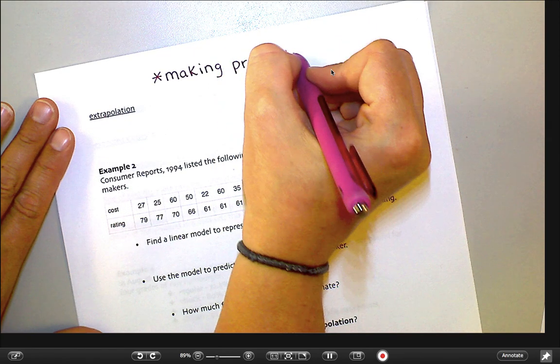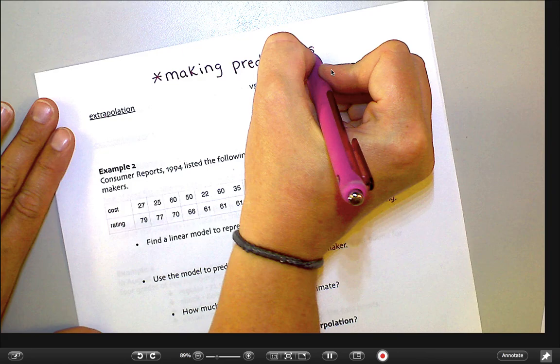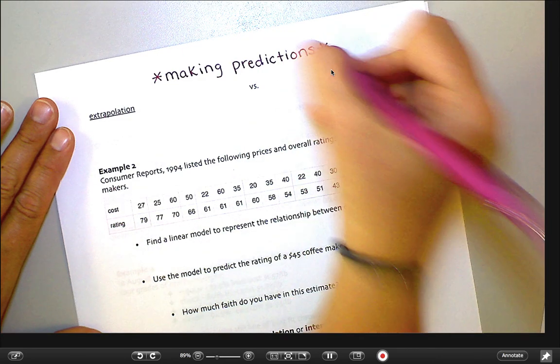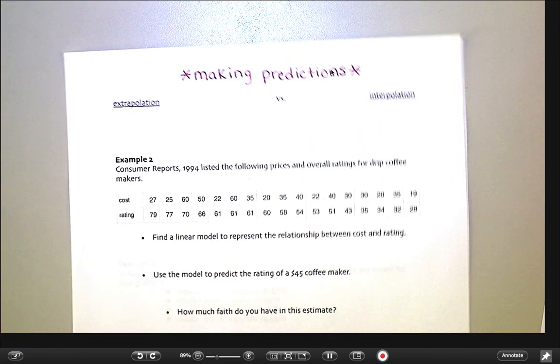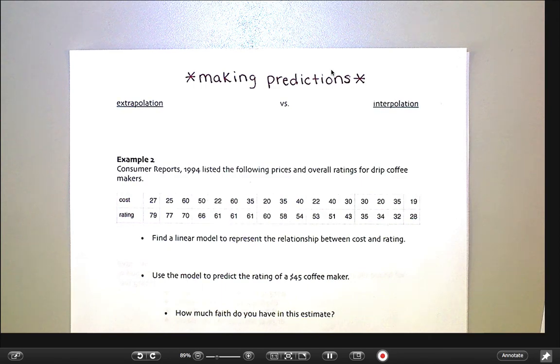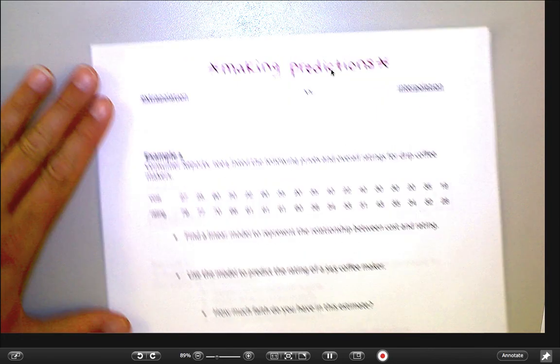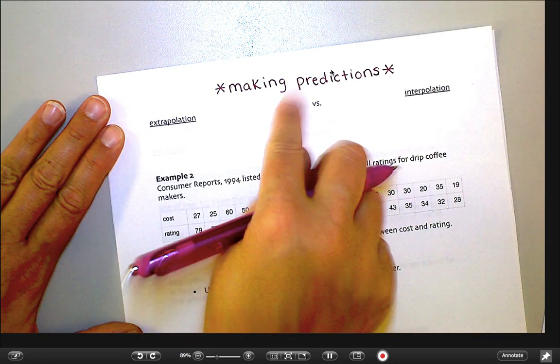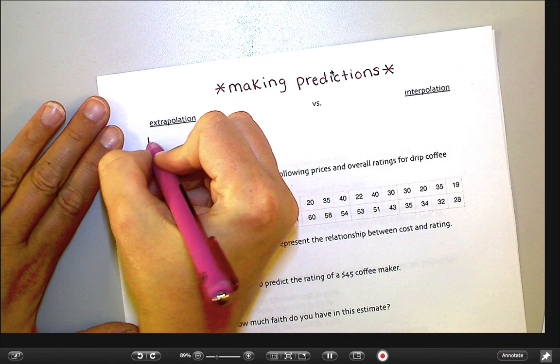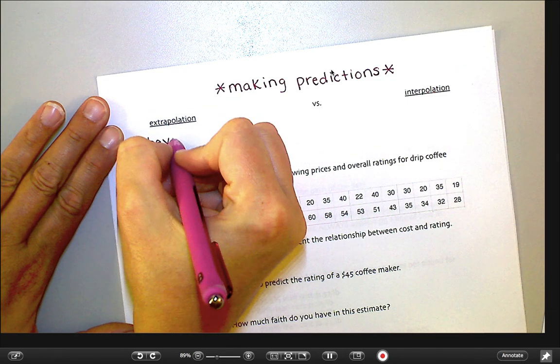That's the whole point of coming up with an equation to model your situation, is that then you could use that to project. You could say, if we continued this trend, what's going to happen in 20 years or something like that. Okay? Here's the big difference. Extrapolation is making predictions beyond the scope of your data.